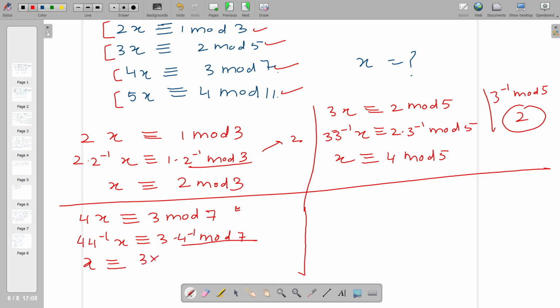So it will be 3 into 9 mod 7, so we can write 27 mod 7, or if you want to simplify it, it becomes 6 mod 7.